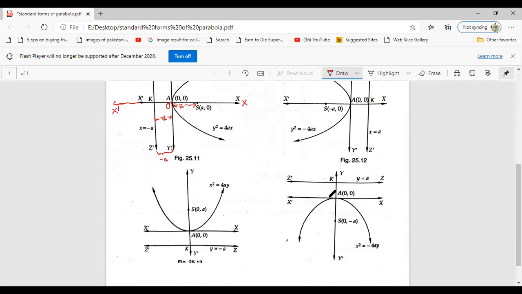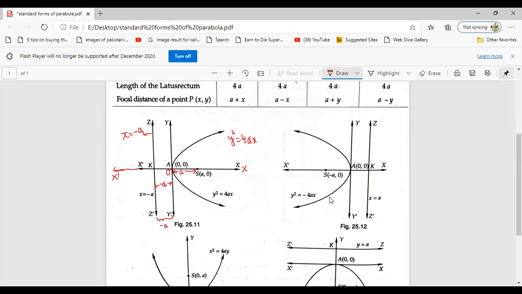The latus rectum is a chord perpendicular to the x-axis and passing through the focus. This line is called the latus rectum. It will intersect at 2 points, L and L dash. The length of the latus rectum, L L dash, is equal to 4a.